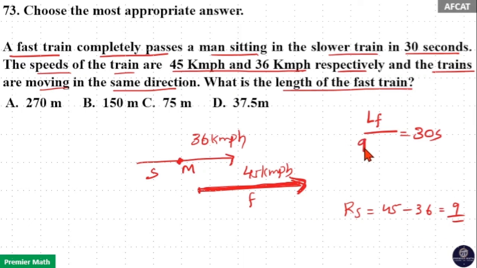Here 9 km per hour into 5 by 18 is meter per second. So, you have to convert kilometer per hour into meter per second. So, multiply kilometer per hour with 5 by 18. Now, 9 goes 2 times in 18. 30 into 5 by 2 is equal to 75. So, option C is your answer. So, the length of the faster train is equal to 75.